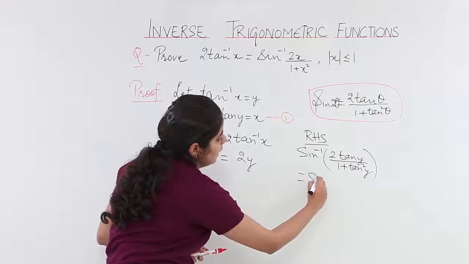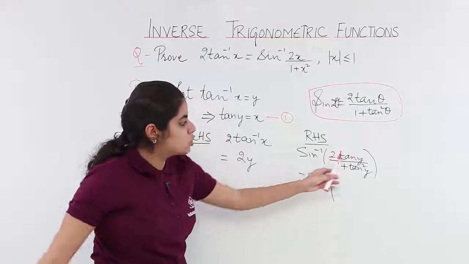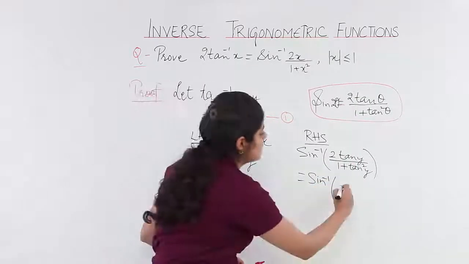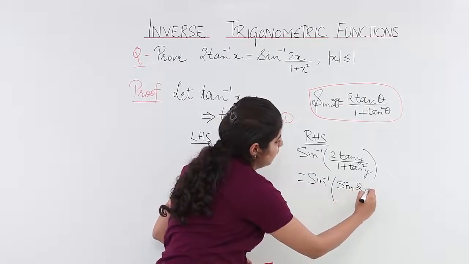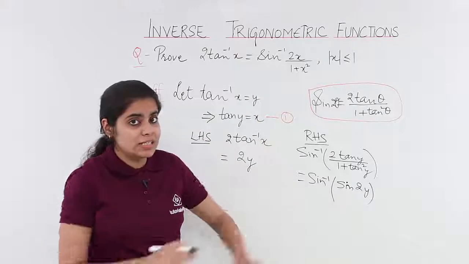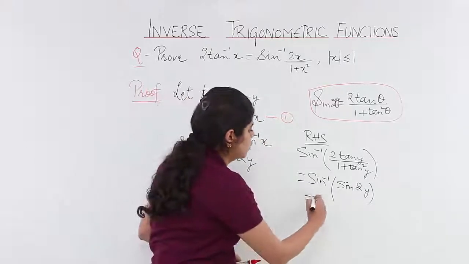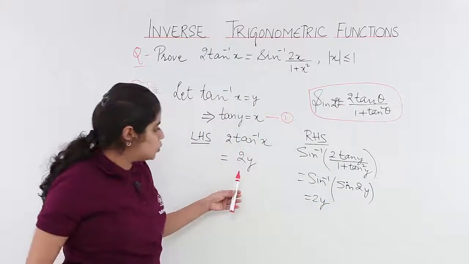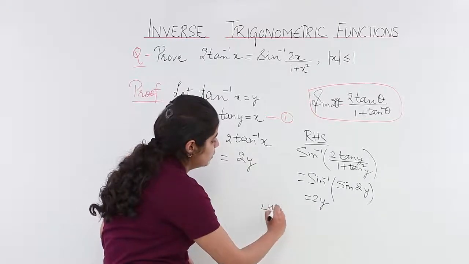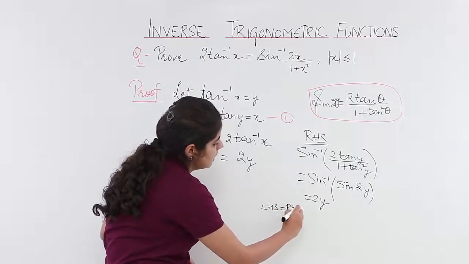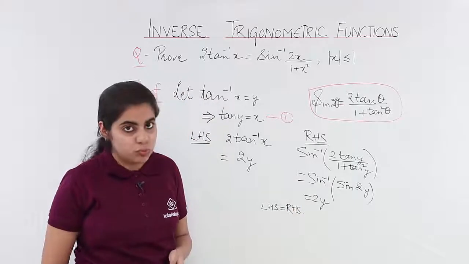That is sine inverse of sine 2y. Now sine inverse and sine nullify each other, so it becomes 2y. You see 2y here, 2y here. That means I have LHS equal to RHS, and hence it is verified and hence it is proved.